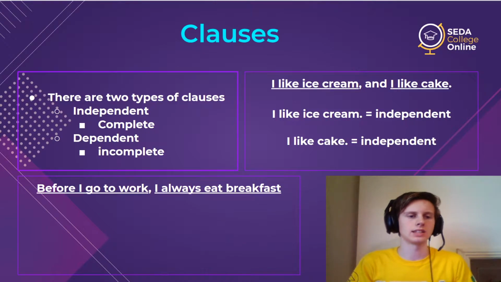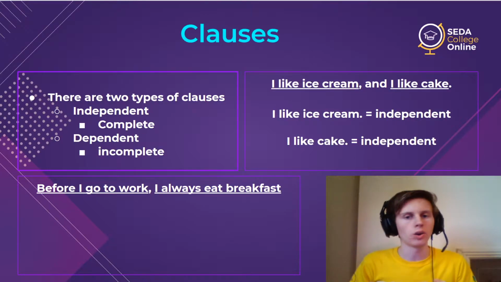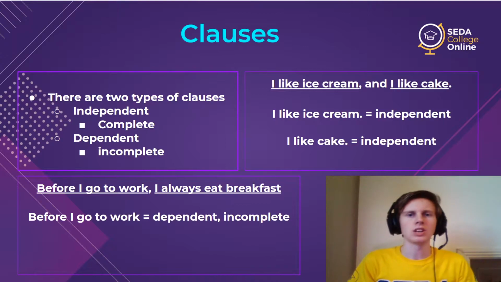So let's look at this sentence. Before I go to work, I always eat breakfast. So we have two clauses here. Before I go to work, I always eat breakfast. Before I go to work is dependent. It's incomplete. I cannot say it by itself because it needs more information.